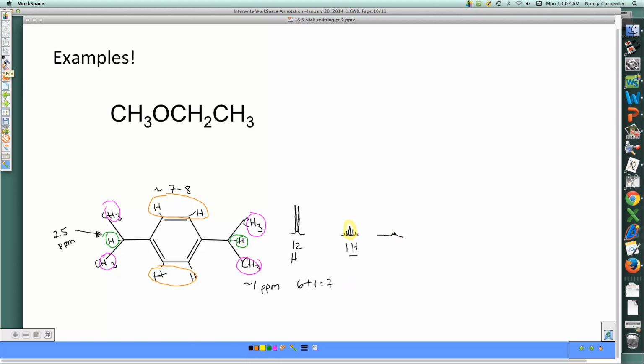So for this particular example, I would expect to see a doublet around 1 part per million. That wouldn't be 1 hydrogen, it's 12 hydrogens because we've got a symmetric molecule. A septet worth the 2 methine hydrogens down around 2.5 or so. And then all the way down to 7 to 8, a nice 4 hydrogen singlet for the aromatics.